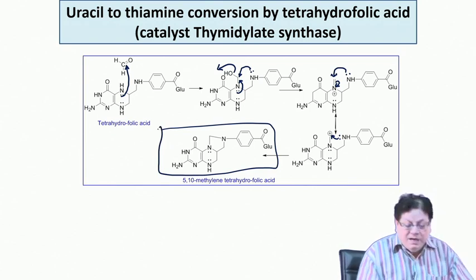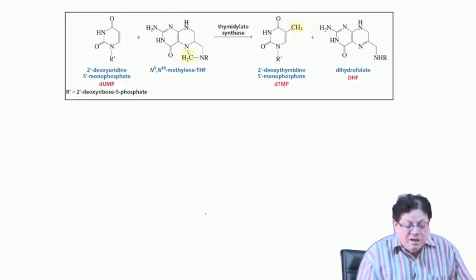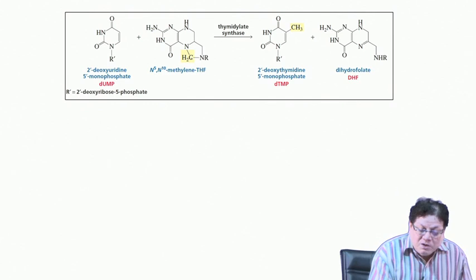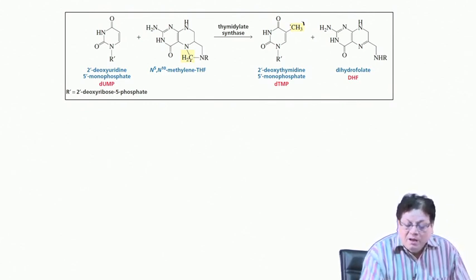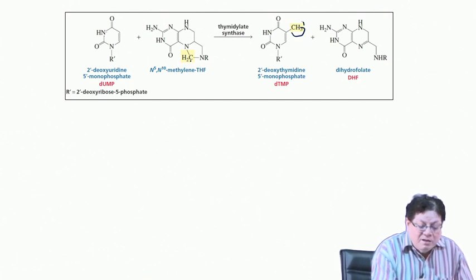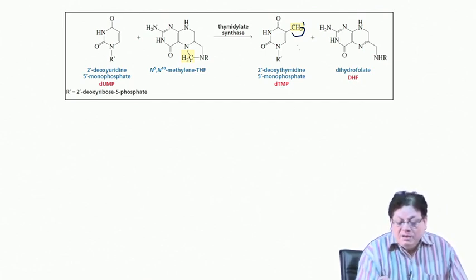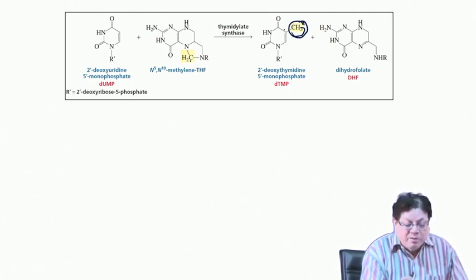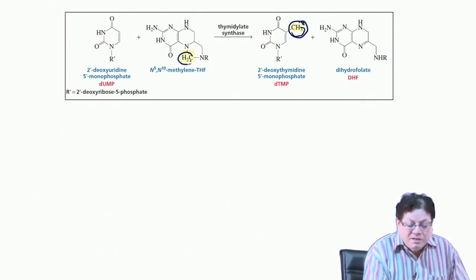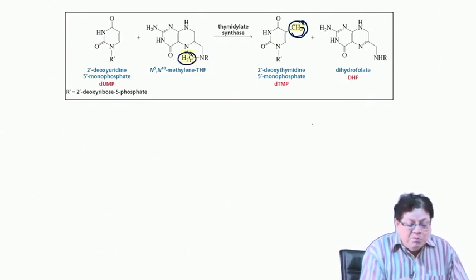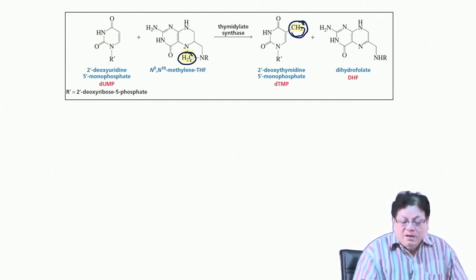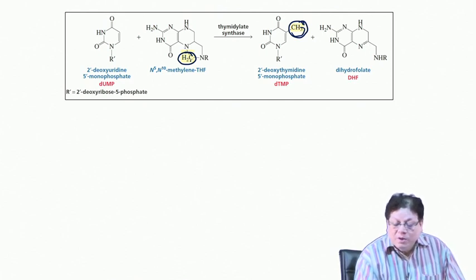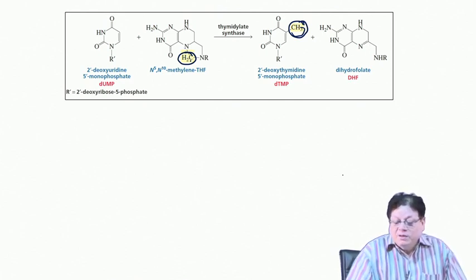Now, this methylene THF, what it does, this actually transfers this methylene into this uridine molecule, and methylene means this carbon comes from this CH2, and in the process the tetrahydrofolate is reduced to dihydrofolate, okay.